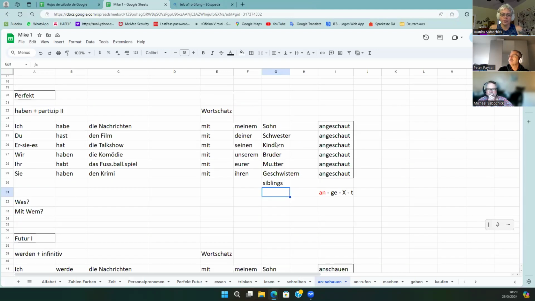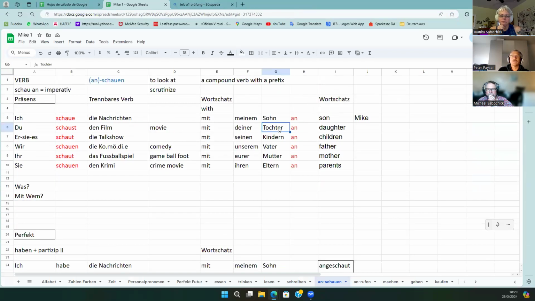Okay, so we have Sohn and we have Tochter. Then we have the children as such, without indication of gender. We have father, we have mother, and we have the parents without gender.